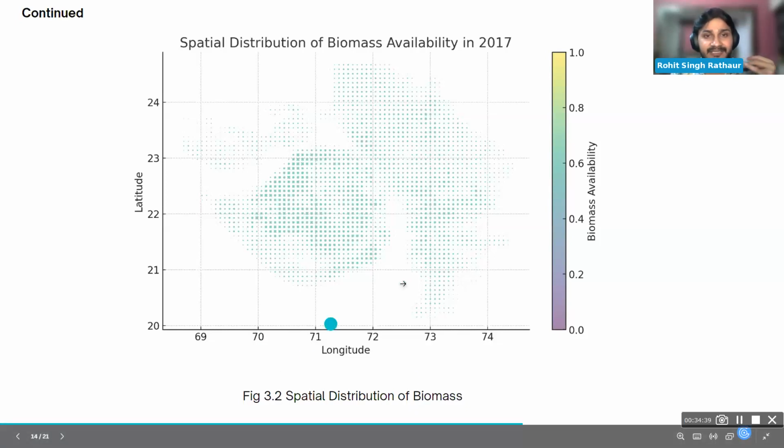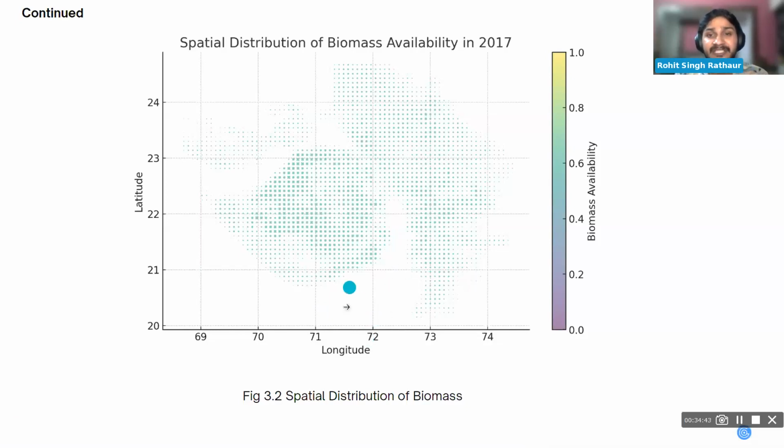This scatter plot displays the spatial distribution of biomass availability in 2017. Each point represents a harvesting site here, and the size of the point corresponds to the amount of biomass available at the location. So if you will see, the bigger size means we are having a higher biomass.